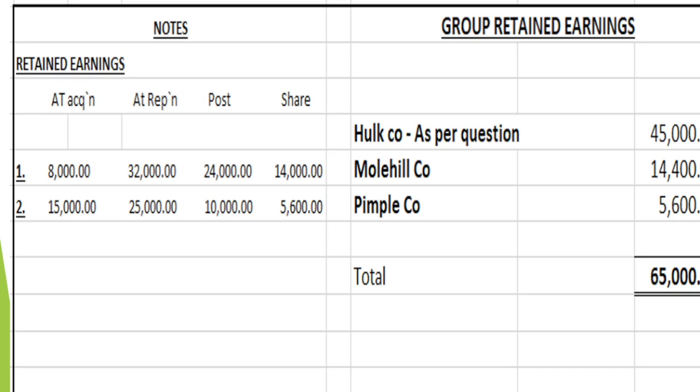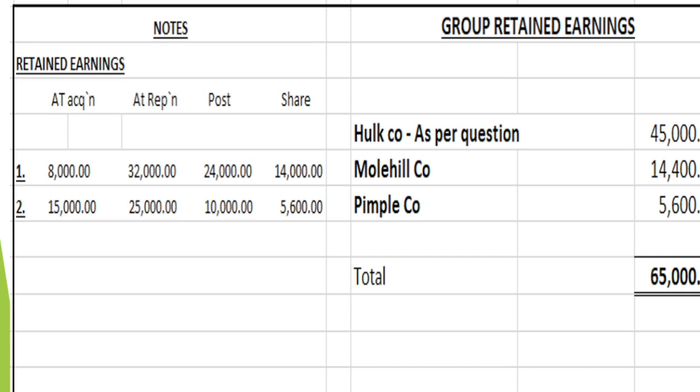But for this one, it's quite straightforward because there's no such other part. So for Hook company, the retained earnings figure is provided, which is 45,000 kwacha.